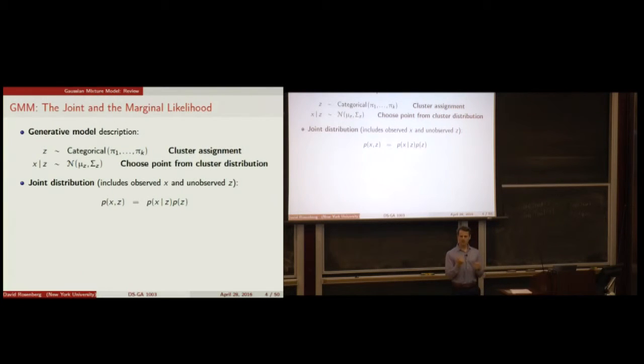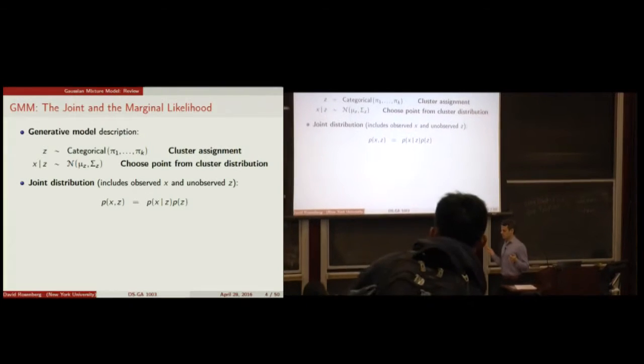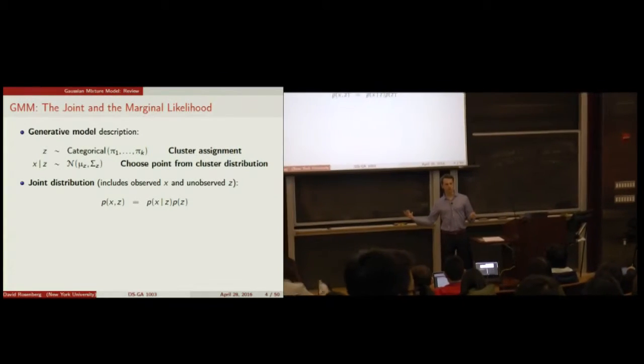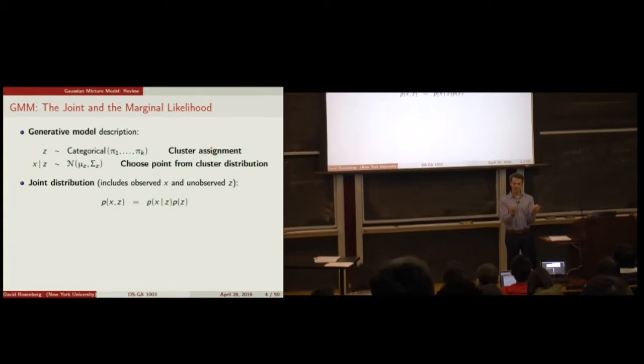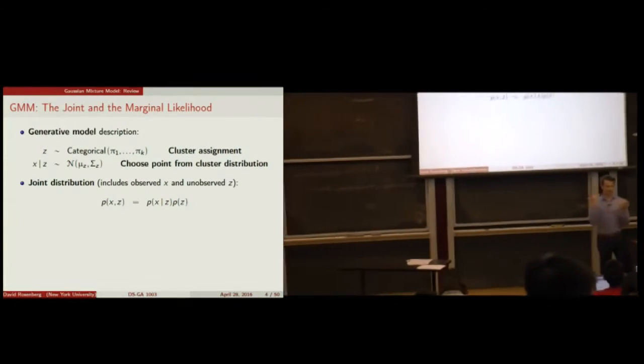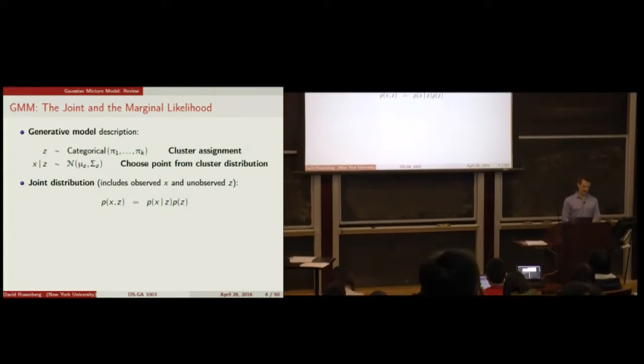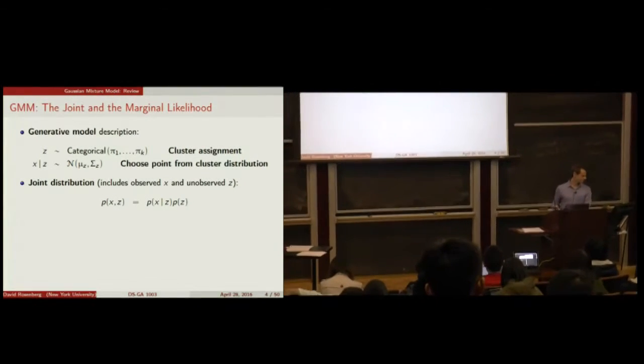It's like picking a number from 1 to k. It's related to the multinomial distribution, but the multinomial distribution is if you chose n draws from a categorical distribution and counted up how many of each type of number from 1 to k you got. So certainly categorical and multinomial are related.